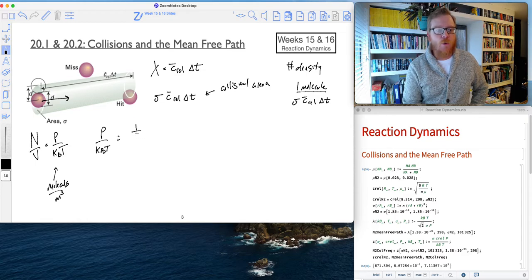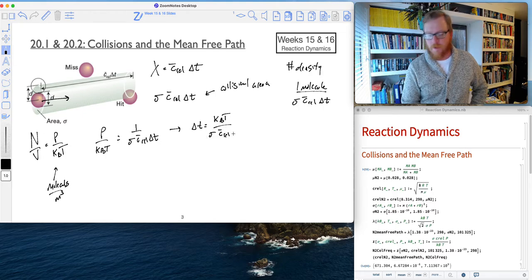So I'll set that equal to 1 over sigma c bar relative delta t, okay? And I'll rearrange this to give me delta t, so do some algebra here. So delta t, the time between collisions, is going to be k Boltzmann T all over sigma c bar relative P, okay?